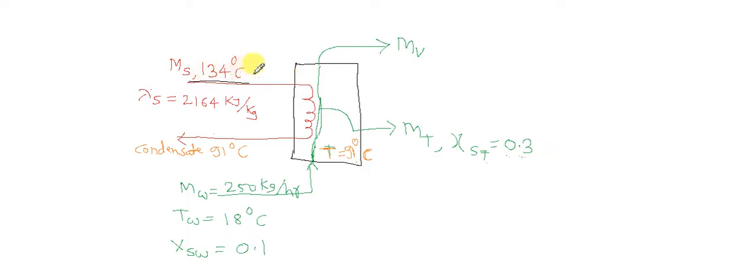So steam will give heat, that is latent heat. At the same time, the steam temperature, that is the condensate temperature, decreases from 134 to 91, so that heat we also have to consider.